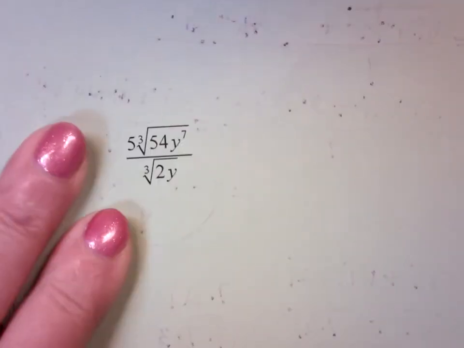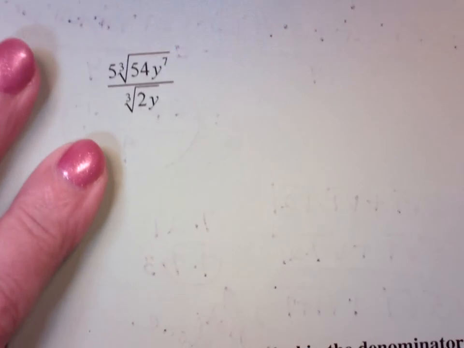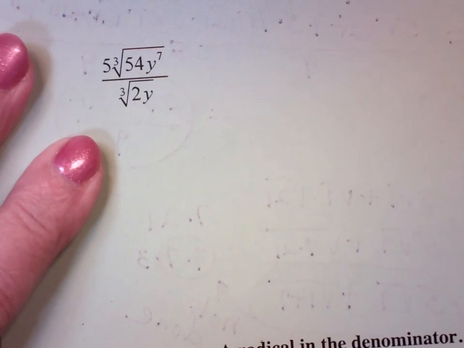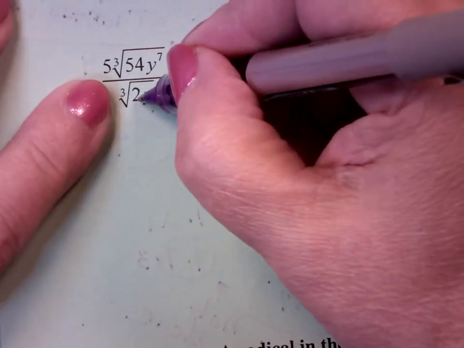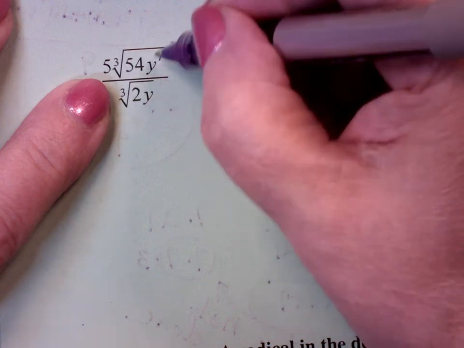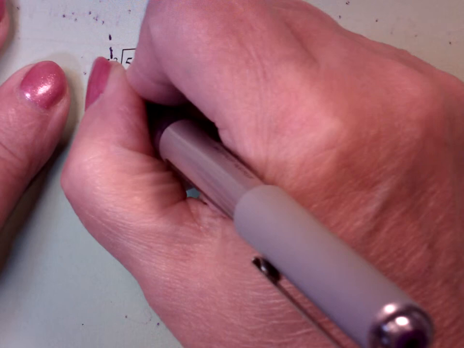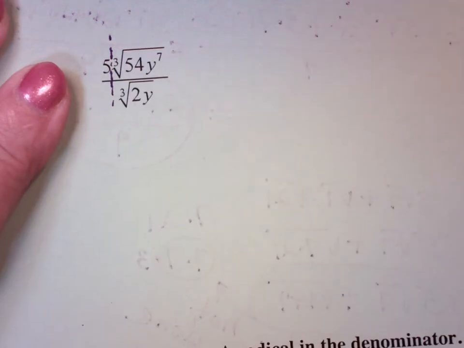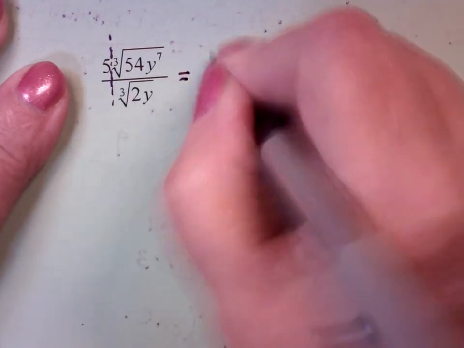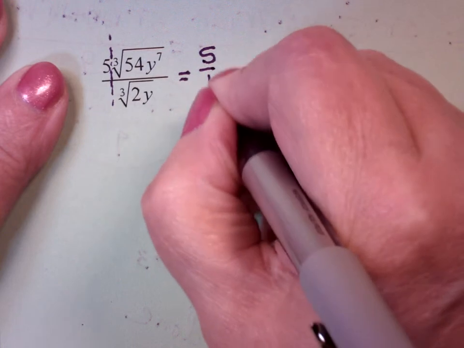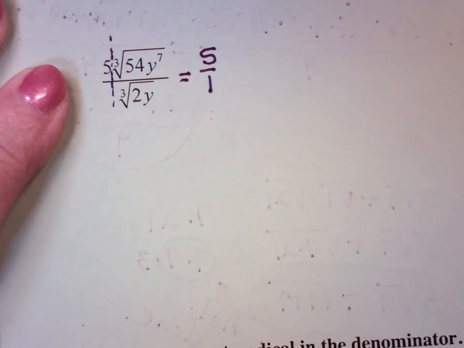Now, the next one is cube root. And I notice that 2 divides 54, and I can take a y out, so I can bring it under a single radical. But I do notice that the first radical has a coefficient. So I'm going to break this off as a 5 over 1, because that's what it is.